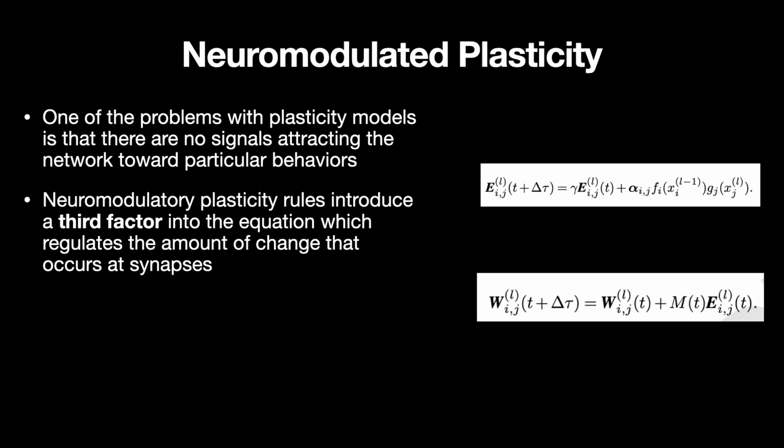You don't want to update the network; the change is going to be 0. But if there's a massive loss, you want to make massive changes. If there's only a little loss, you make a little change. So we're changing constantly, but in the presence of some signal that guides change.